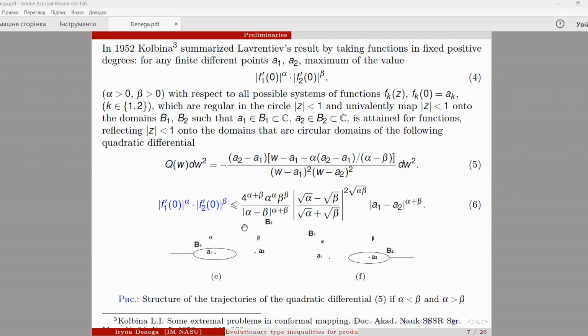And Kolbina proved inequality 6. When we have equality, the extremal configuration is shown in pictures E and F when alpha is less than beta and alpha is greater than beta.